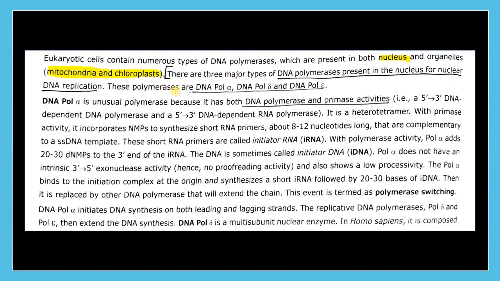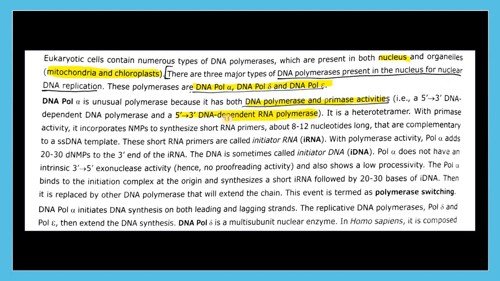So for nuclear DNA replication, majorly we have DNA pol alpha, delta, and epsilon. To start with, DNA pol alpha is an unusual polymerase because it has DNA-dependent DNA polymerase activity, and it also has a primase activity, that is 5' to 3' DNA-dependent RNA polymerase activity.